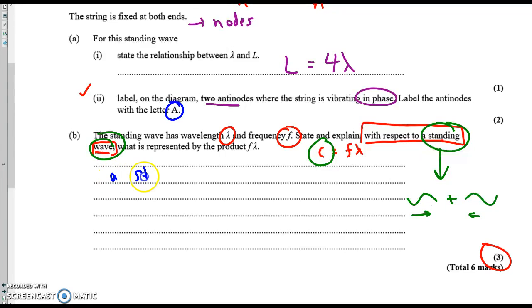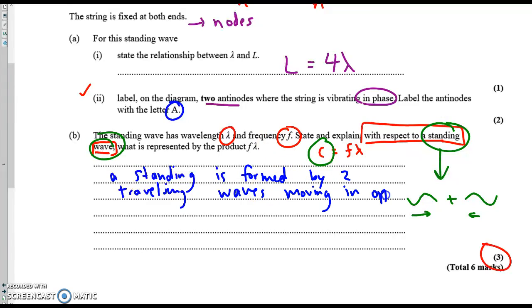A standing wave is formed by two traveling waves moving in opposite directions and continually interfering.